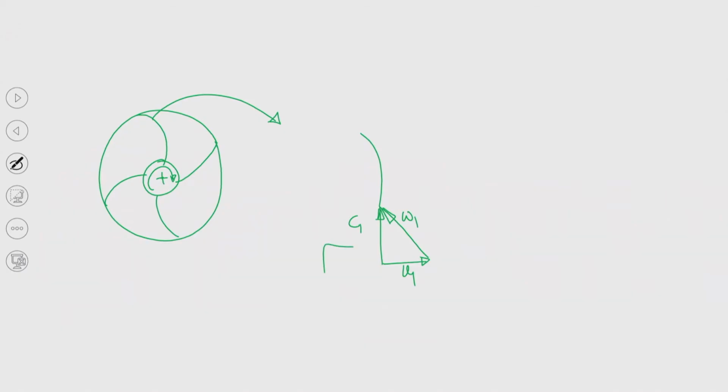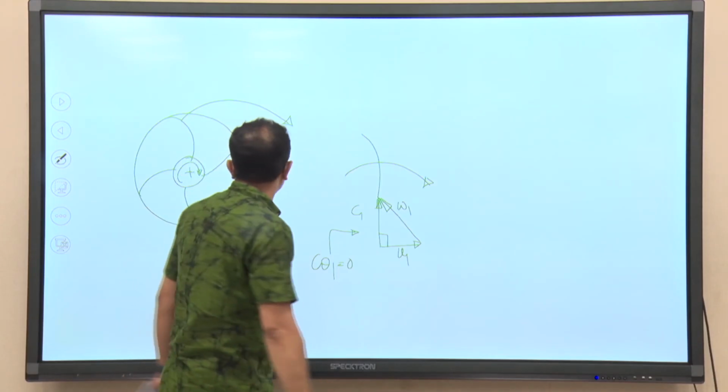Here c theta 1 equals 0, right. This angle is pi by 2. The pump is rotating in this direction, and what next is to draw the velocity triangle at the outlet.